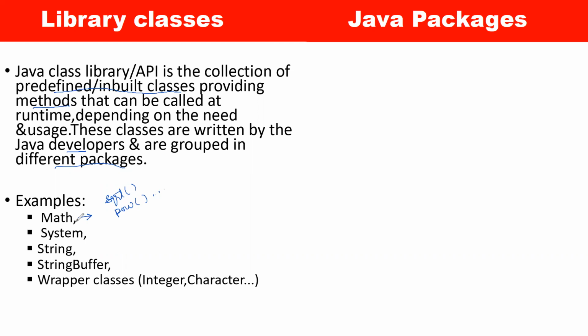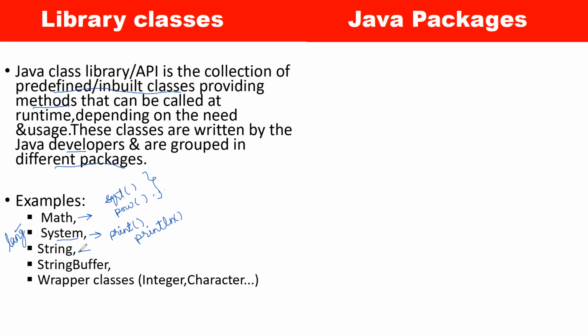So this Math class, which contains these useful methods, is placed in package lang, right? And then there is a System class. System class contains methods print and println, which you use in your program, right? Print and println are used for displaying the output. So print and println are present in class System, and this System is present in the lang package.